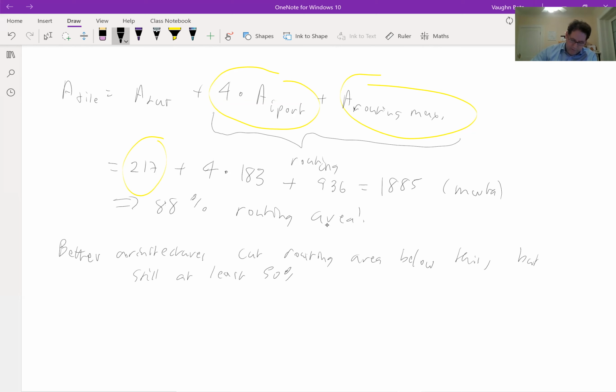Usually it's well above 50%, and I've never seen any credible architecture where it went below 50%. So it's a major effect. You can't neglect it. And I think that is all I'm going to talk about today.